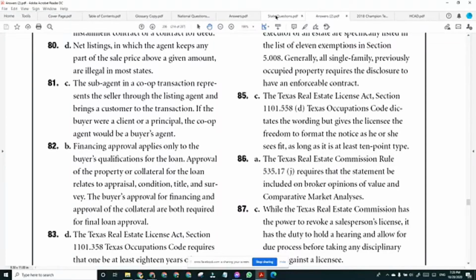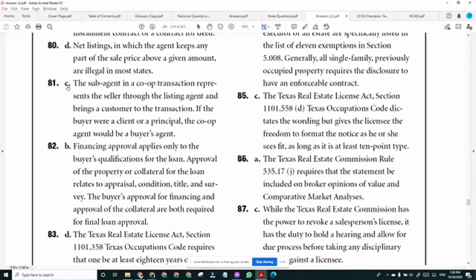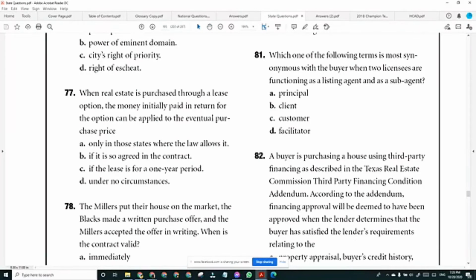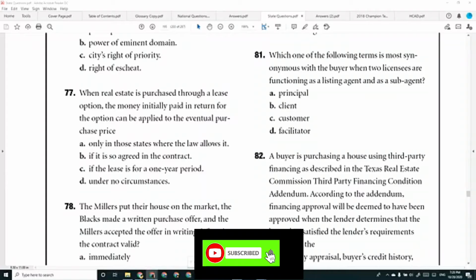If the buyer were a client or a principal, the co-op agent would be a buyer's agent. Okay, 81D, I'm sorry, 81C. I saw Tanisha's answer D and I said what she wrote. They're not a facilitator. It would be the sub-agent that is facilitating the buyer, who is a customer.